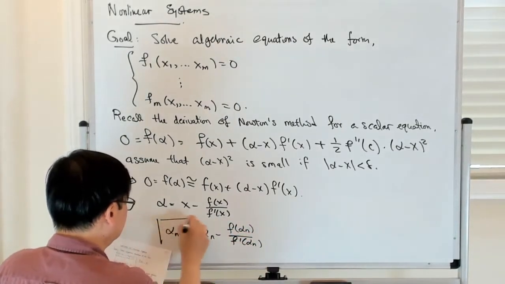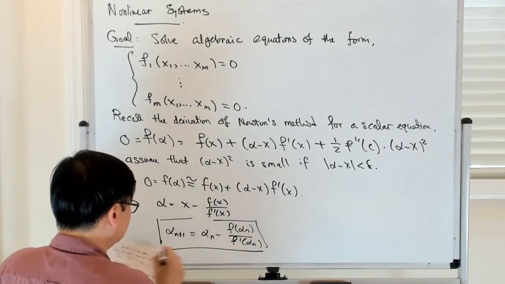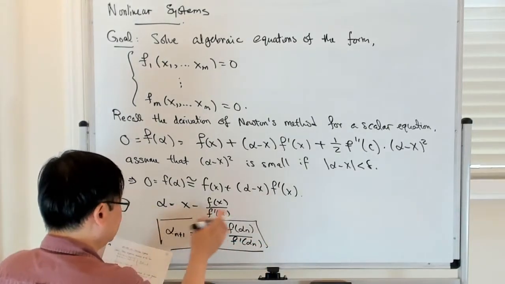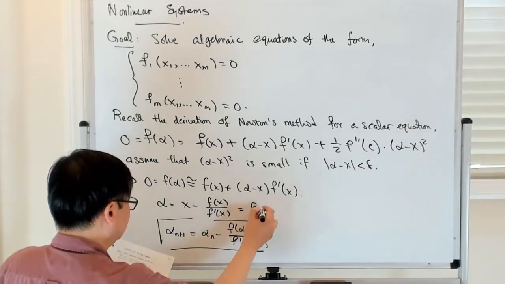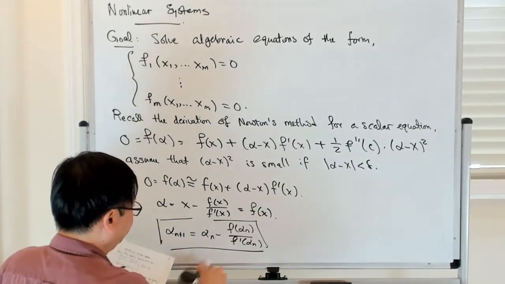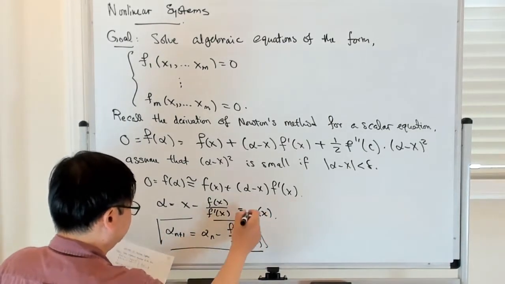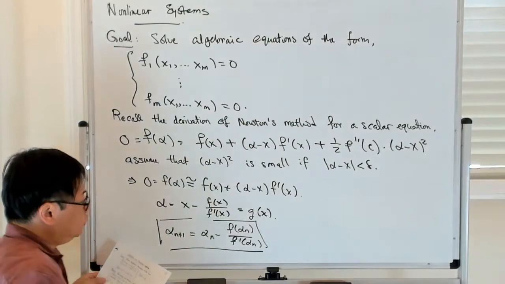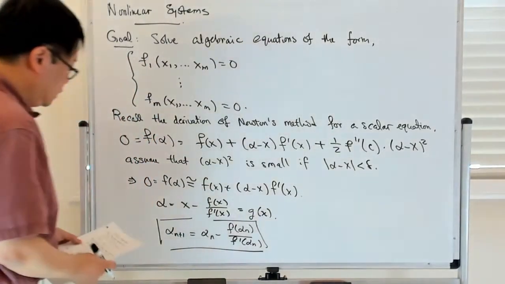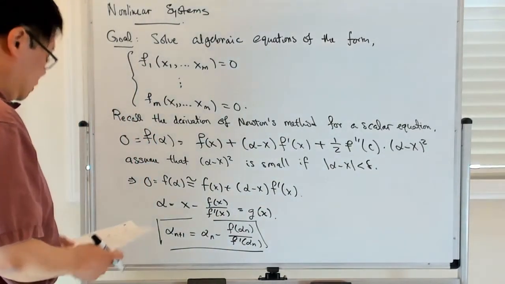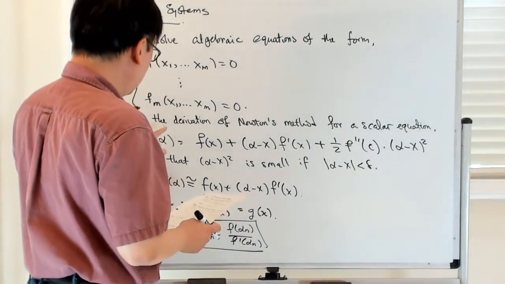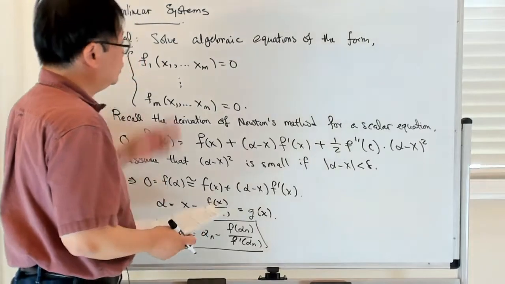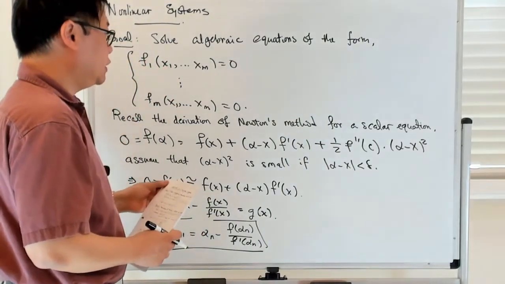So this is the Newton method, which is a fixed point iteration for some function. Sorry, not f, let's call that g.